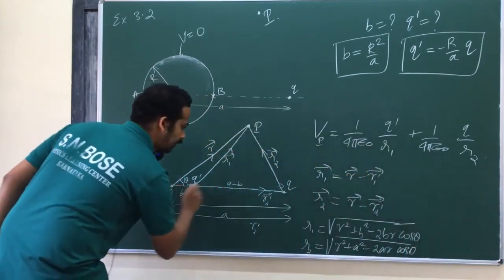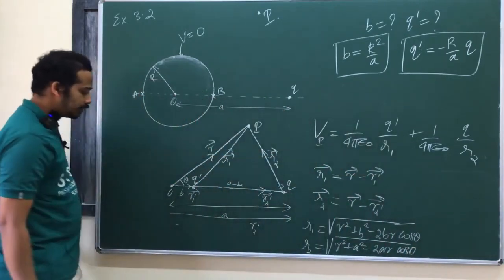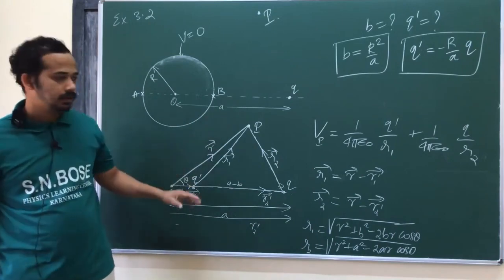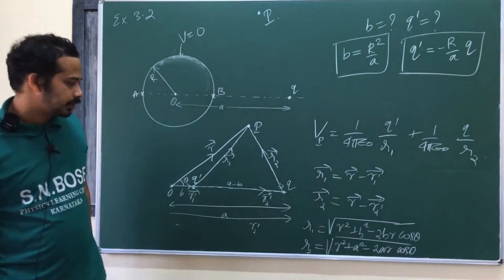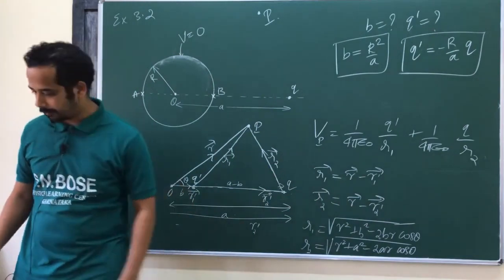The angles are the same. This is R2 prime. This is R. This is R1 prime. This is R. The angle between R and R2 prime, R and R1 prime, both are the same.